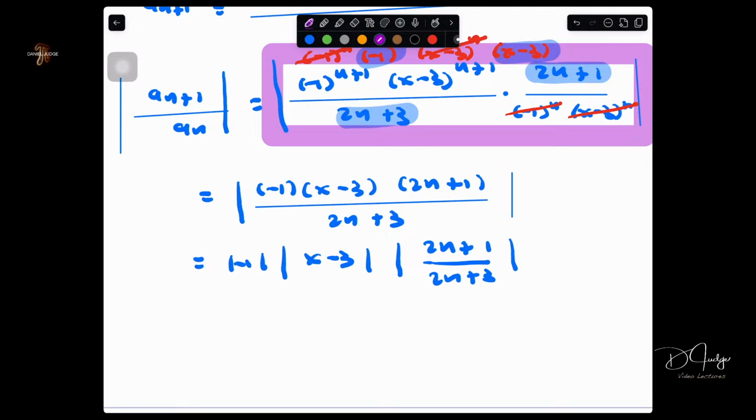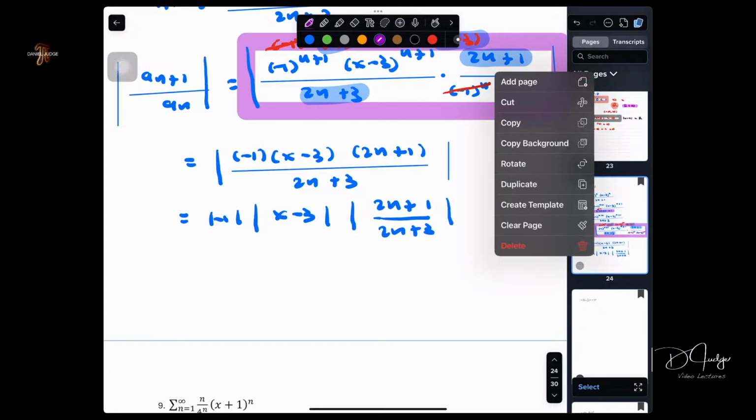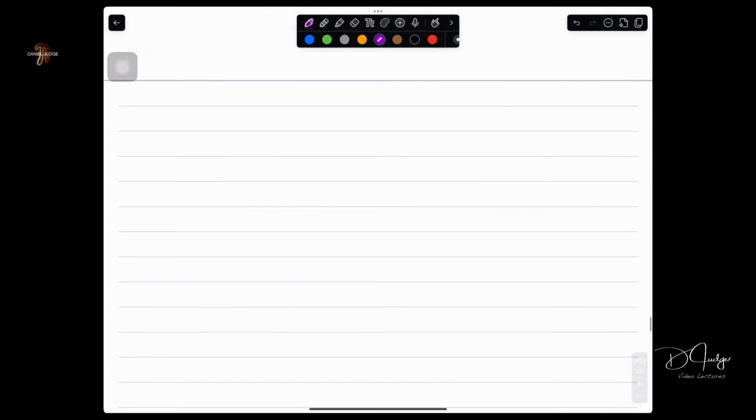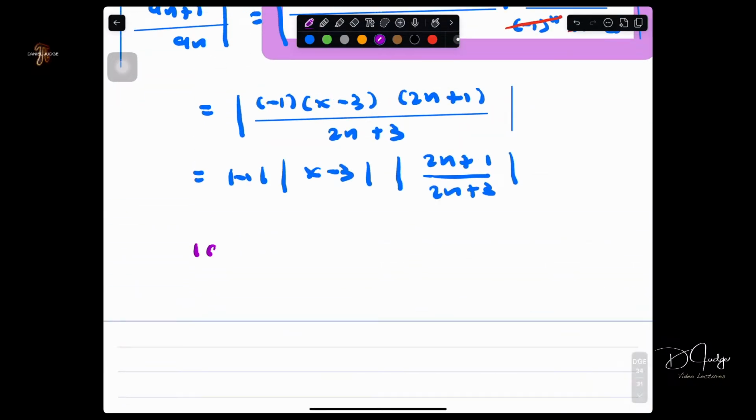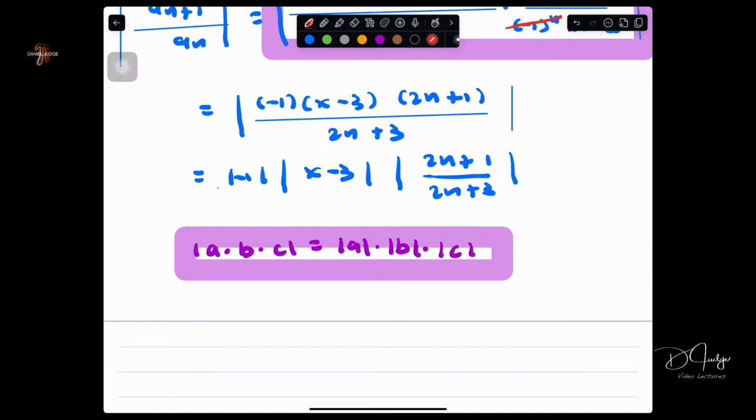If you said, what's the deal with this algebra stuff, it's just the product rule, meaning if I have 3 terms multiplied together in absolute value, this is what I just used. Just sharing with you guys what's going on now. The absolute value of negative 1 is positive 1. And then all of these numbers here are positive because n is natural numbers.